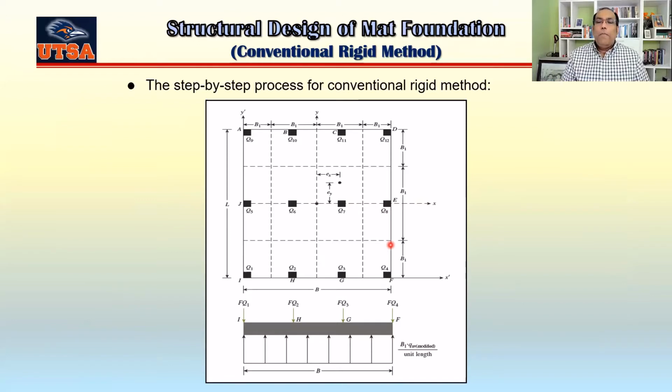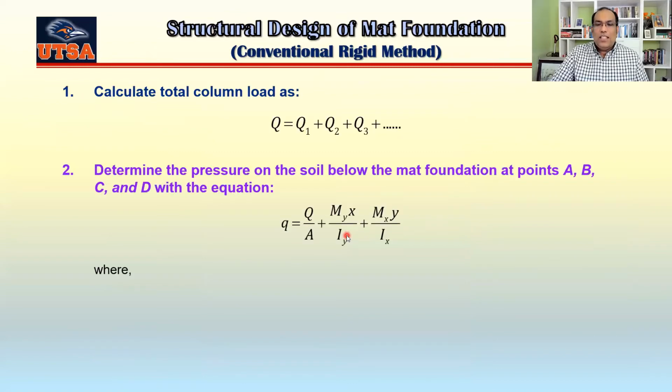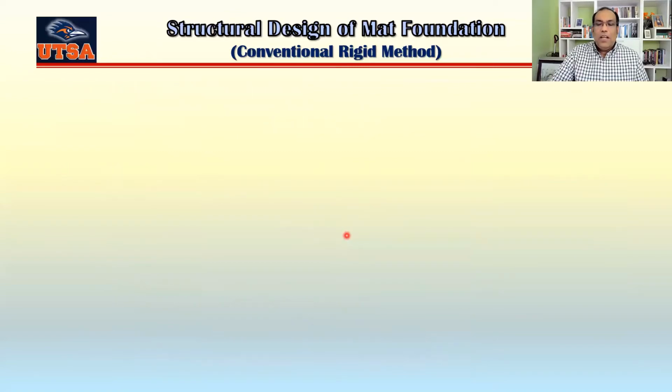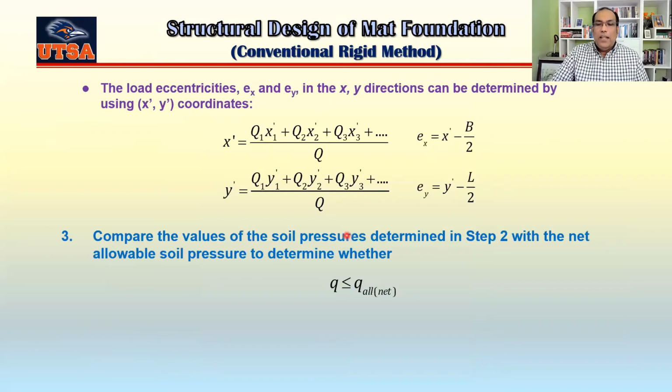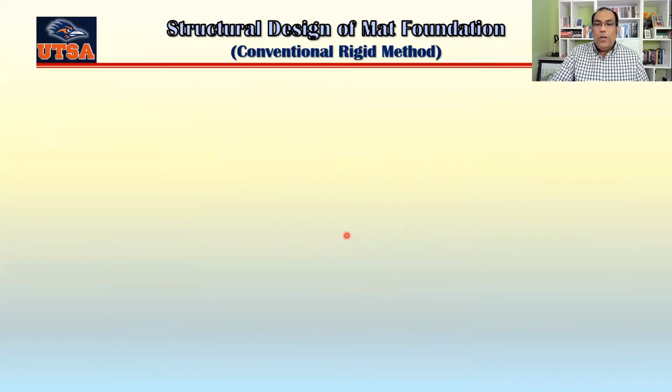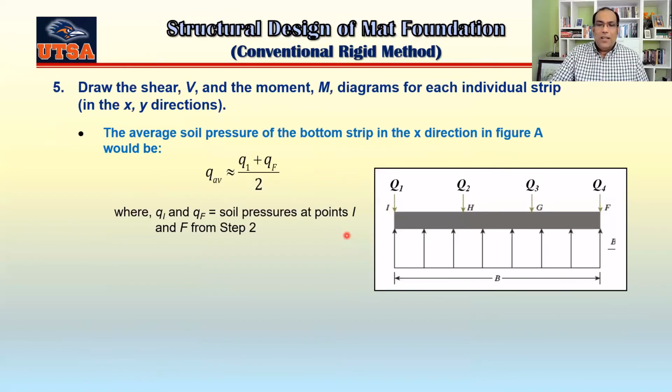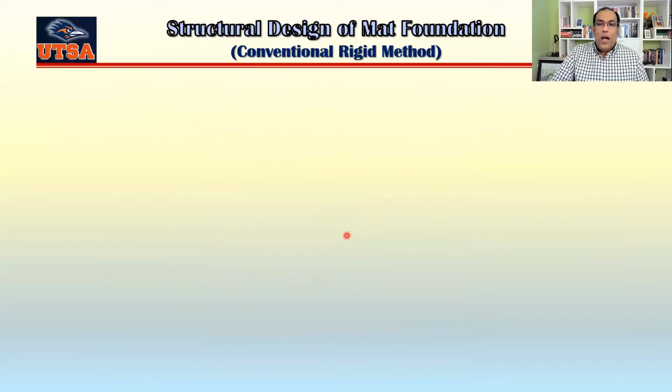But for mat foundation design, we usually assume that there is no force working at that cutting section. Since we are ignoring the reaction here, you will see some discrepancy between the load coming from the top and the reaction coming from the bottom. So we have to adjust that, okay? So how do we adjust that?